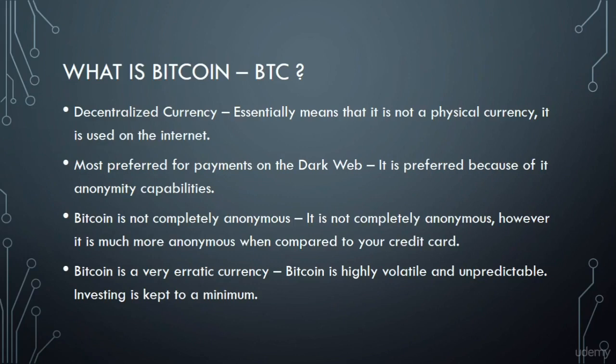So let's go on to the final part, which is that Bitcoin is a very erratic currency. Let me explain what this means. Bitcoin is highly volatile and unpredictable in the sense that it does not store value in a very predictable fashion. Now you might be asking yourself, has Bitcoin's value always risen?